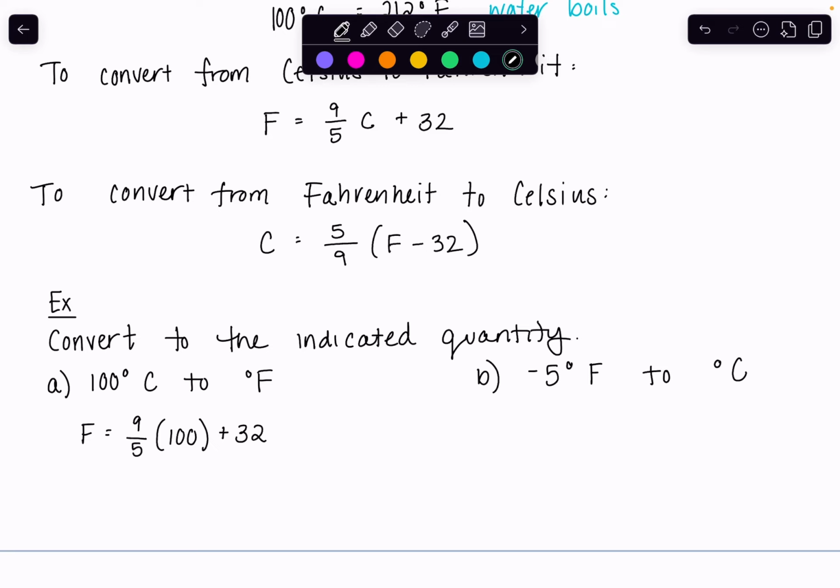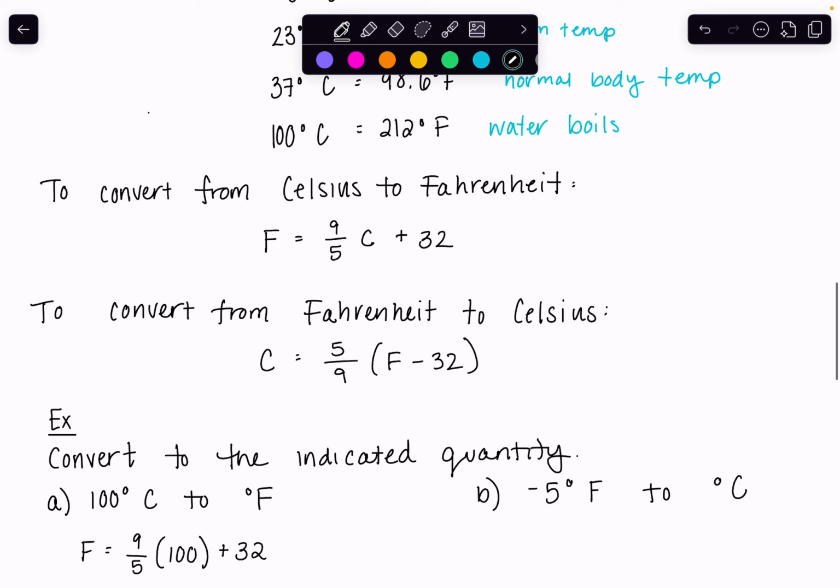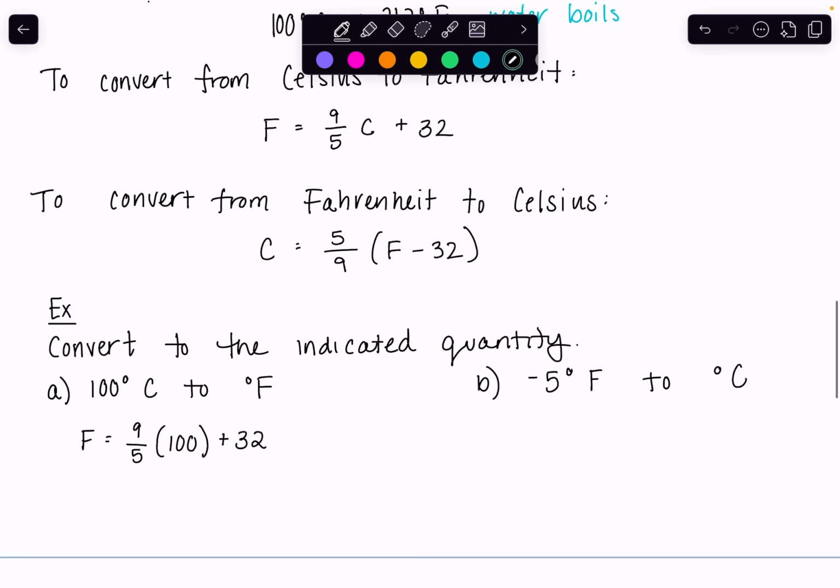Okay. And 100 degrees Celsius, I already know what it does equal Fahrenheit. It's more so to just show you this formula is correct. But if you do 9/5 times 100, that should give you 180. And then when you add 32 to that, it gives you exactly 212.